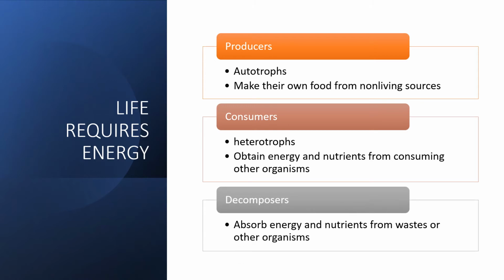Now, these are heterotrophs that absorb energy and nutrients from waste or dead organisms. Fungi and bacteria are considered to be decomposers. Now, within an ecosystem, organisms are linked into elaborate food webs, beginning with producers and continuing through several levels of consumers, but energy transfers are never 100% efficient.